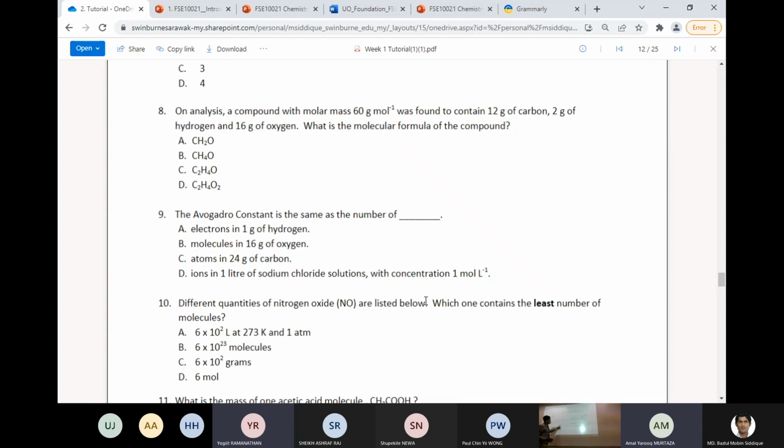So 1 mole of them produces 2 moles of ions. It did not say positive or negative ion, it only says ions, right? That means if we dissociate the sodium chloride in 1 liter, 1 mole will produce 2 moles of ions: 1 mole positive, 1 mole negative. Right? So D is not the correct answer. Okay?